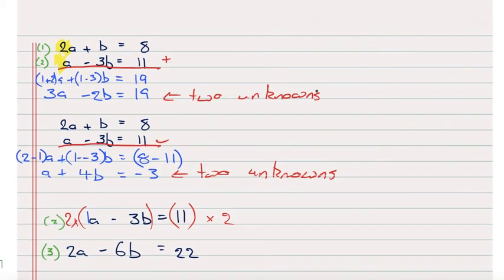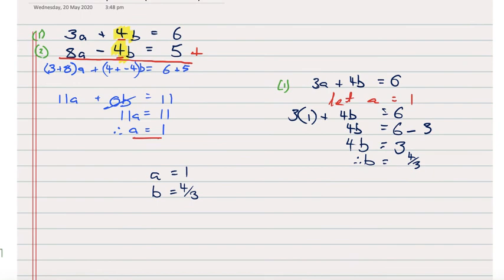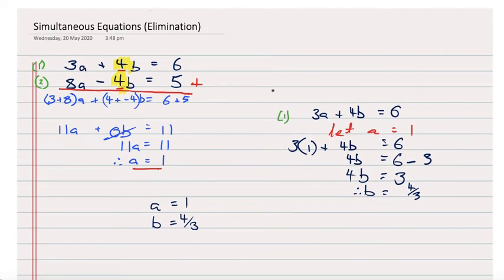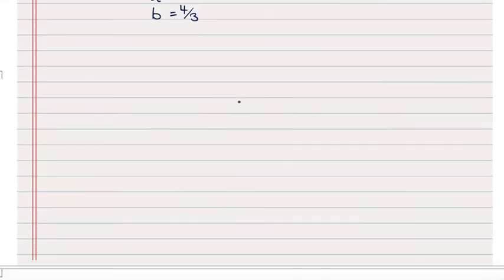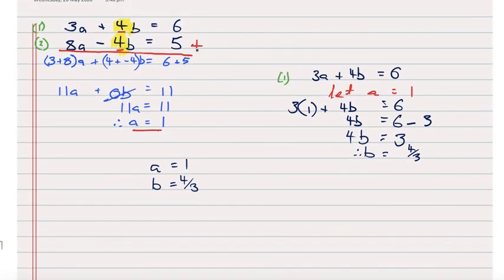So, in conclusion, what we looked at in this video was how we can use the elimination method to solve for the value of the unknowns in a pair of linear equations. In the first one, we simply added the two equations together and the coefficients of 4, so plus 4 and negative 4, cancelled each other out.